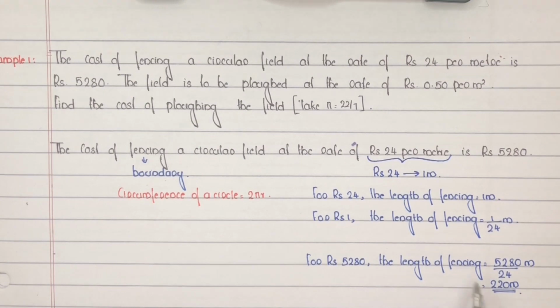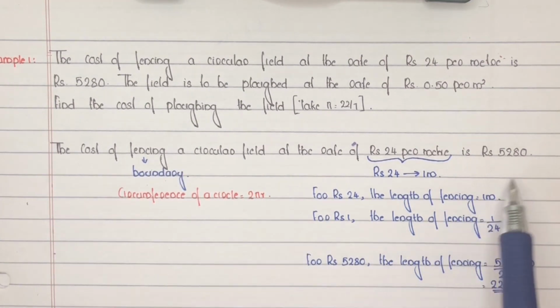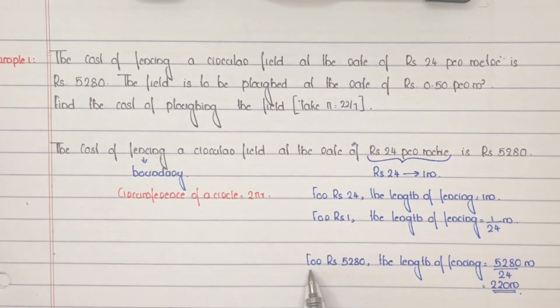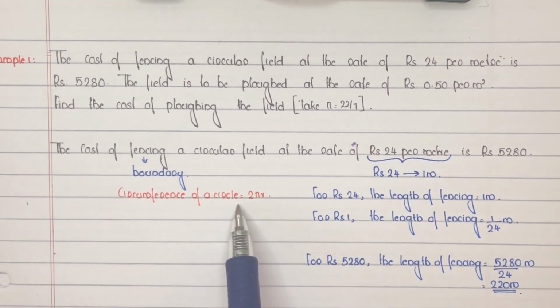That is, it is given the total cost of fencing the circular field is 5280, and for rupees 5280 the length of fencing is 220 meter. Okay, that is, 220 meter is the total length of the boundary of the circular field. Circumference of the circular field is 220 meter.